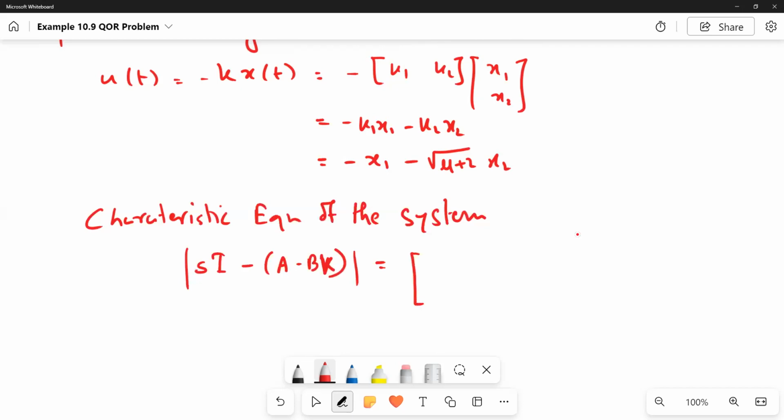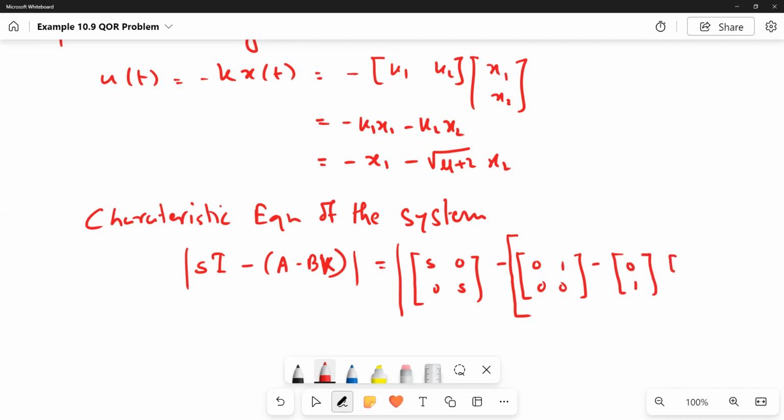We know that this will be [s, 0; 0, s], s times the identity matrix. Then you have minus the A matrix, that is [0, 1; 0, 0], and minus B K, where B is basically [0; 1] and K is [K1, K2]. Previously we have also done that.